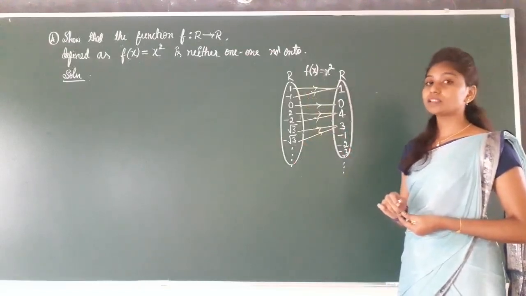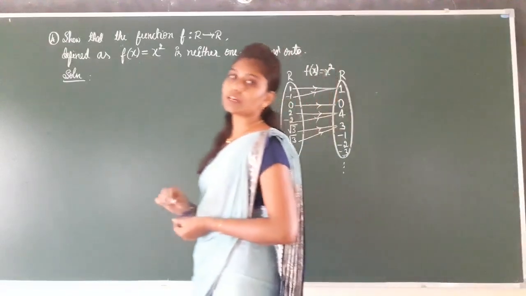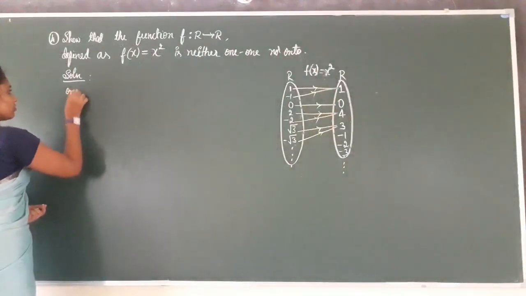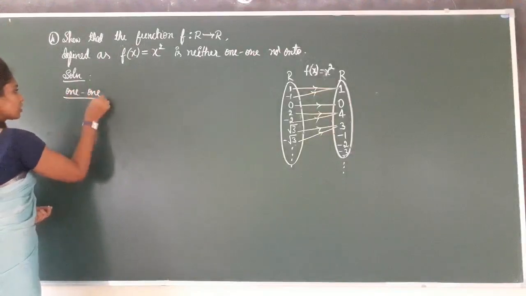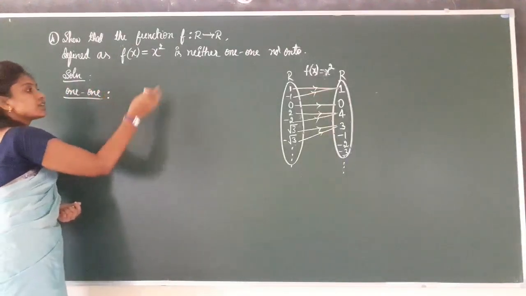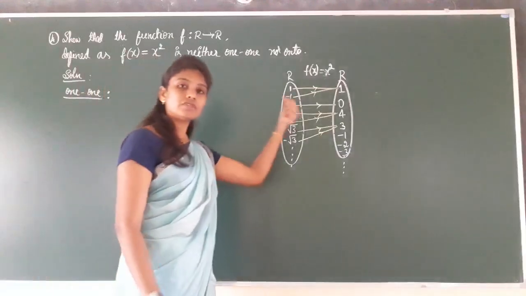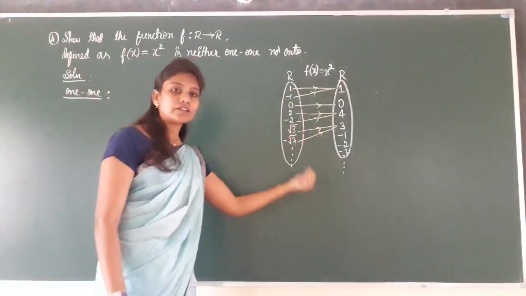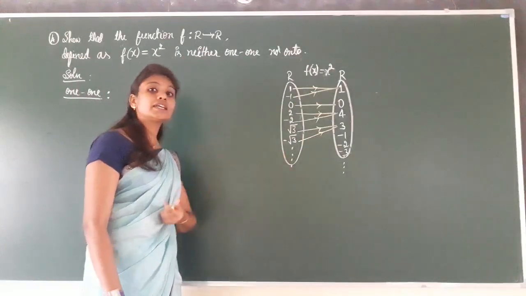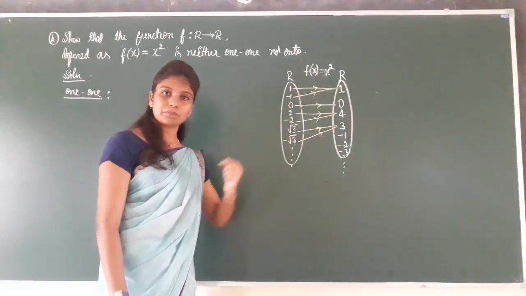Clear? But we are proving it mathematically like this. For 1-1, observe. For not 1-1 or for not onto, we prove by taking a counter example.